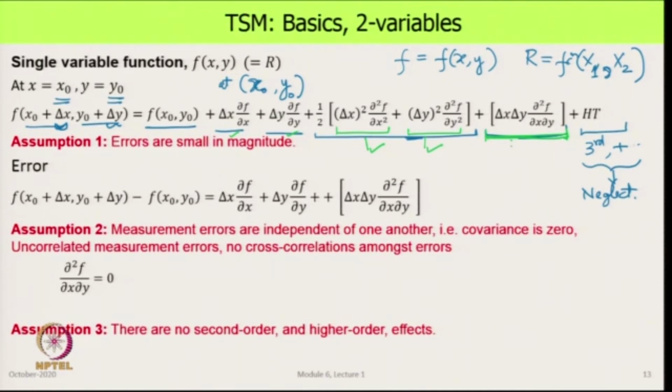In that, this is telling us about cross correlation. Which in terms of uncertainty analysis or experimentation, it tells us that error in one variable, say x, is somehow connected to the error in y.